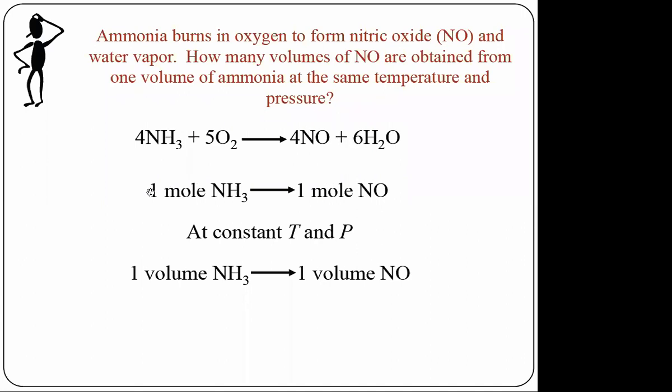So 1 mole of ammonia will produce 1 mole of nitric oxide. At STP, Avogadro's law says that equal volumes of gases contain the same number of moles, so we can translate number of moles to volume. So 1 volume of ammonia will, as a result, produce 1 volume of nitric oxide.